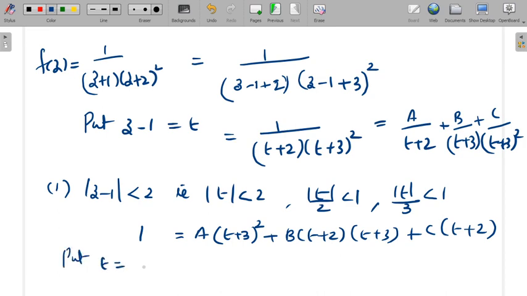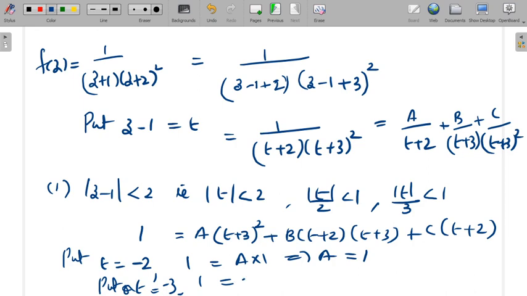Put t equal to minus 2. We get 1 is equal to a into 1, which implies a equal to 1. അടുത്ത റൂട്ടും കൂടെ കൊടുക്കുക. Put t equal to minus 3. 1 equal to minus c.